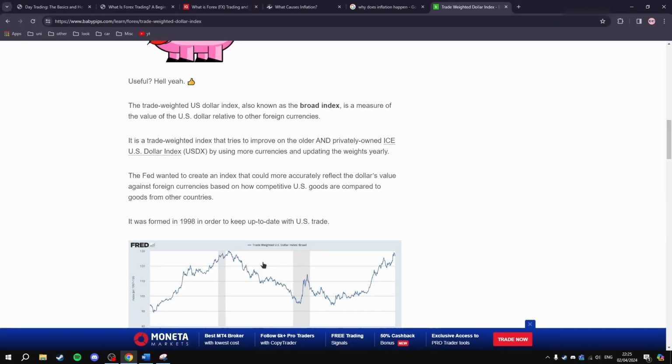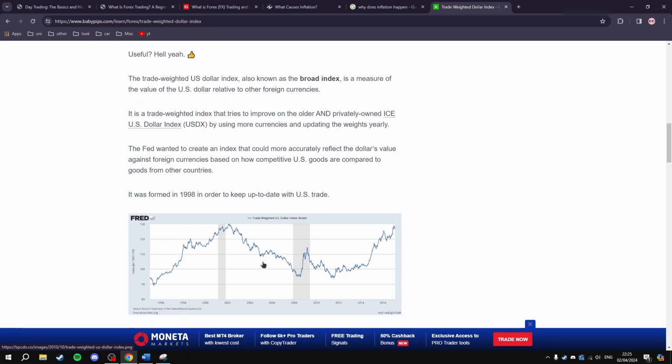It is a trade-weighted index that tries to improve on the older and privately owned ICE US dollar index by using more currencies and updating the weights yearly.